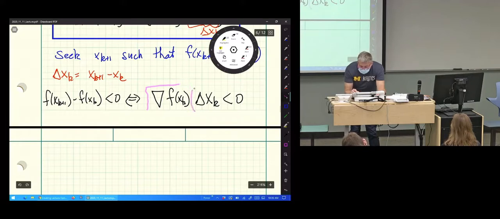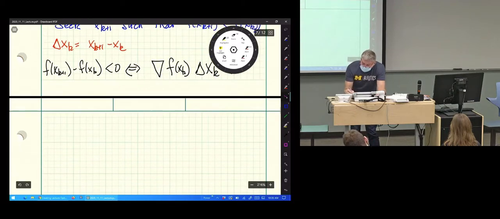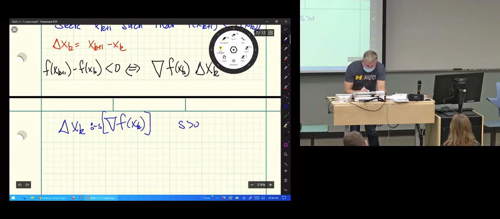I want to choose this such that this row vector times this column vector is negative. And so what I do is not really that amazing at all. I'm going to choose it to be this with a minus s and s positive.